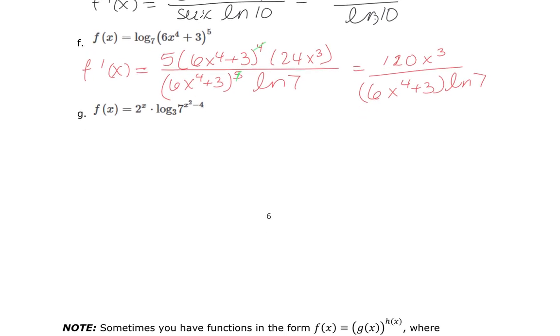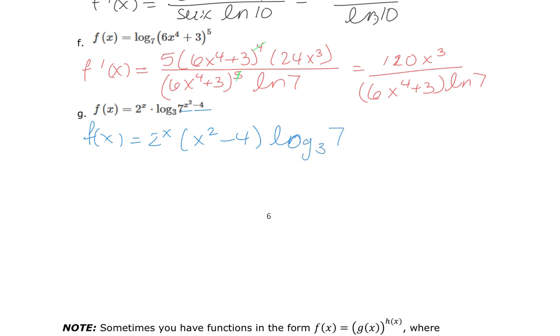All right, so this last one, I have a product rule going on. And not only do I have a product rule going on, I also have this x squared minus 4. So I'm going to write this as f of x is equal to 2 to the x. I'm going to bring this exponent down out front, so that's going to be x squared minus 4, the log base 3 of 7.